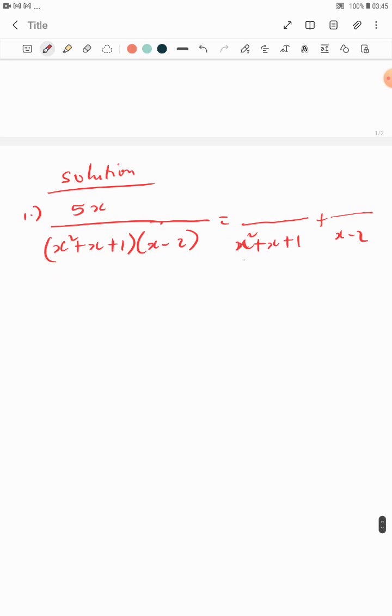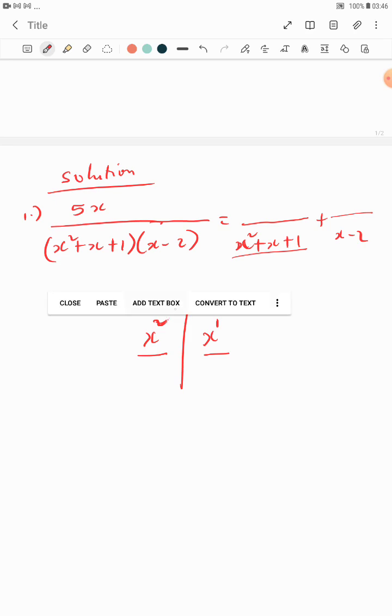When you look at this quadratic term, the maximum power of x there is 2. So the maximum power of x that you are going to write in the numerator must be x raised to power 1, such that the difference between the highest power of x in the denominator and the highest power of x in the numerator will be 1. So 2 minus 1 gives you 1.